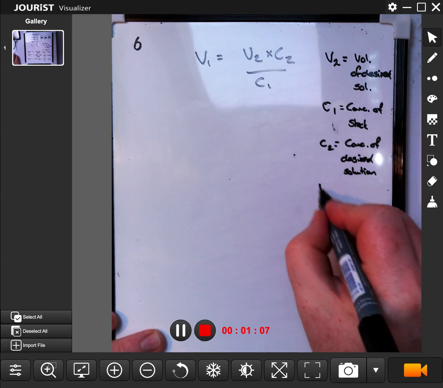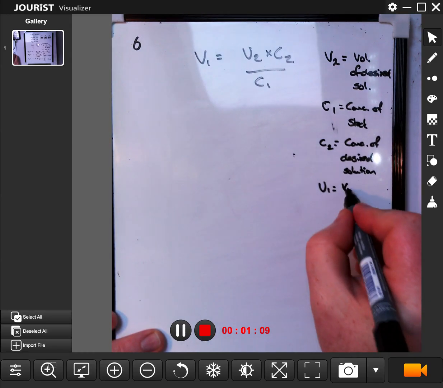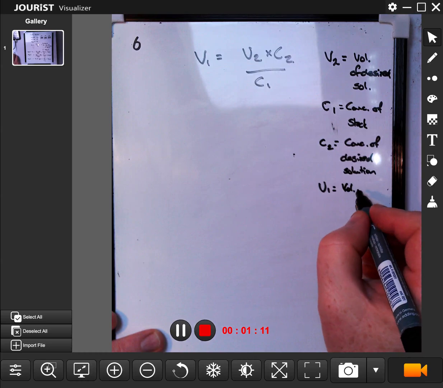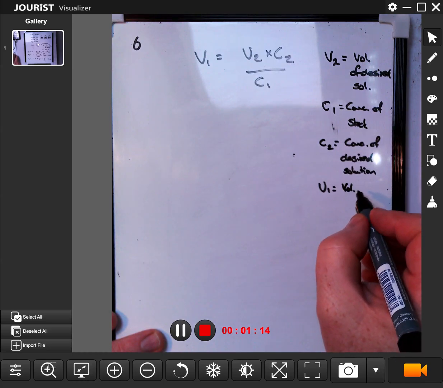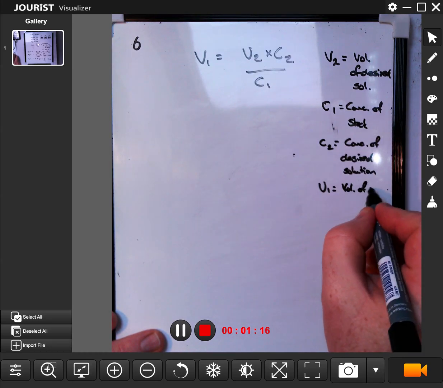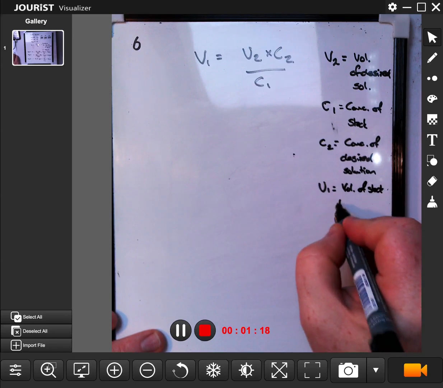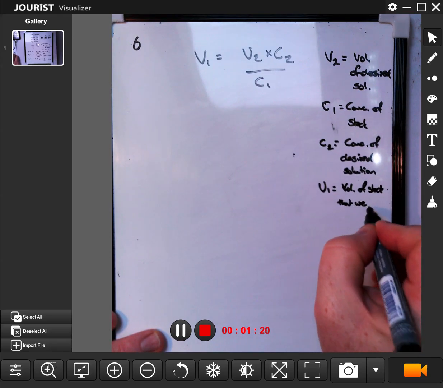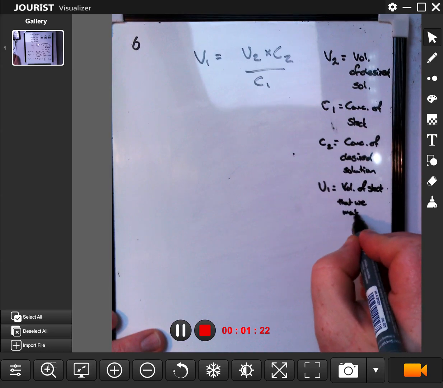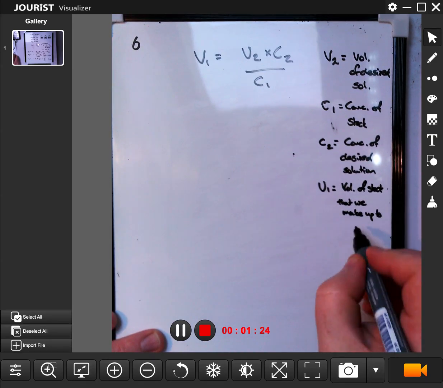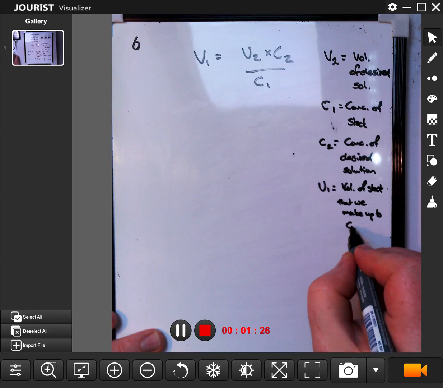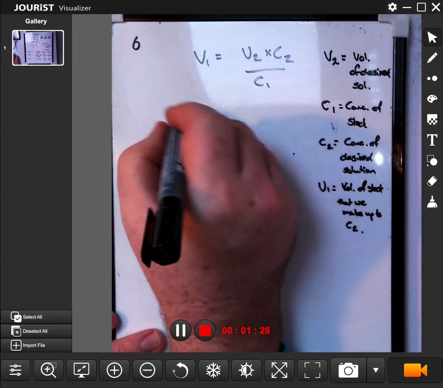And V1, that's the volume of the stock that we make up to C2.